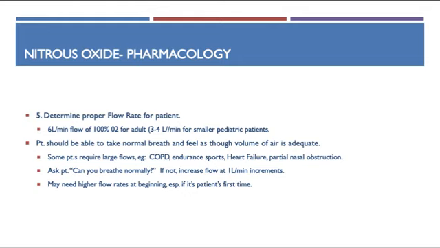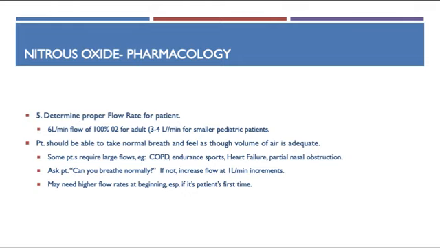Next step, determine the proper flow rate for the patient. Like I said before, you want to start with about 6 liters of oxygen for an adult, 3 to 4 liters for a smaller adult or pediatric patient. And the patient should be able to take normal breaths without feeling like their breathing is hindered in any way, making sure that the volume of air is adequate.